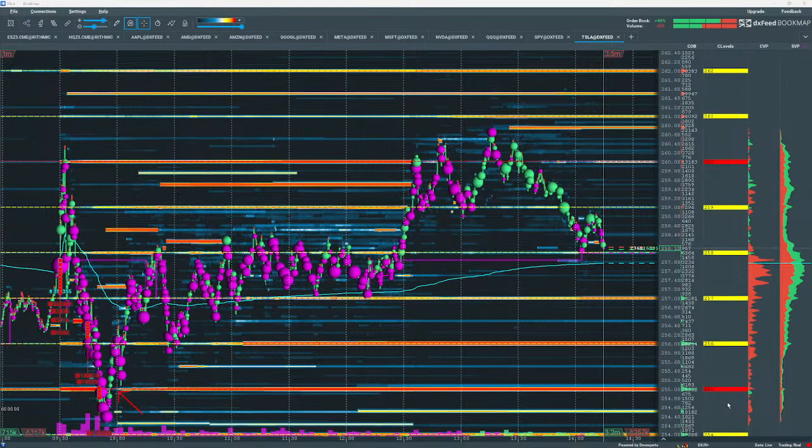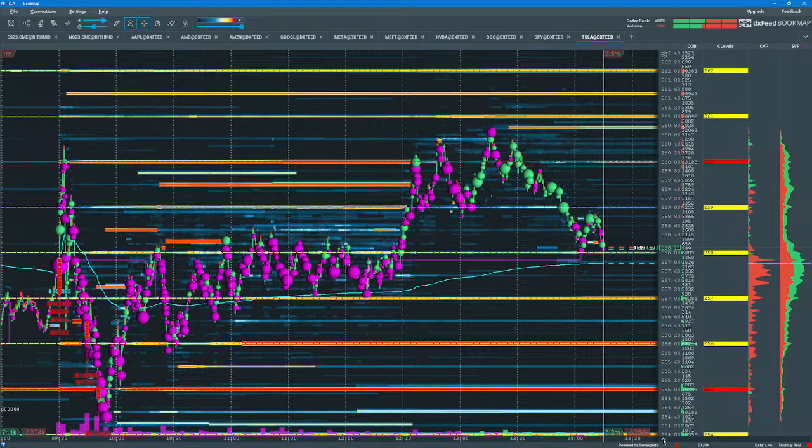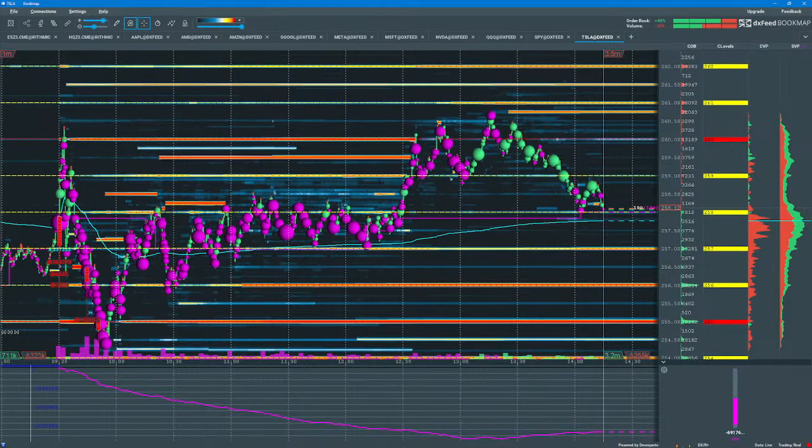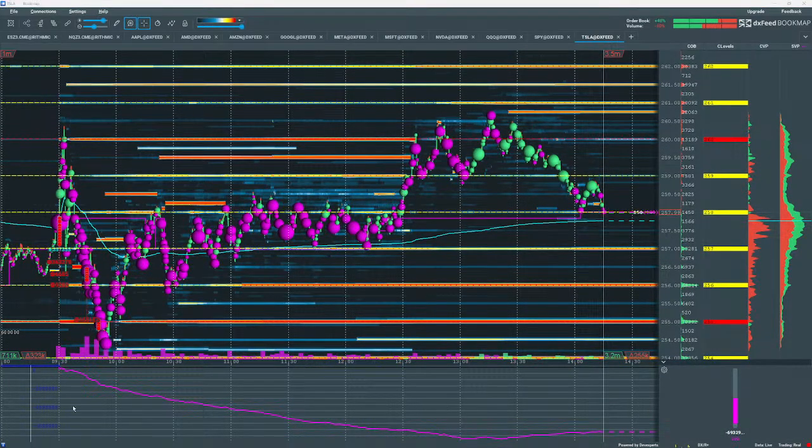And price moved higher as options traders took positive delta positions. And note the very bearish order flow here, all the magenta volume dots. We can also take a look at cumulative volume delta. It should be sloping straight down. To me, this indicates that options traders are really driving price today.